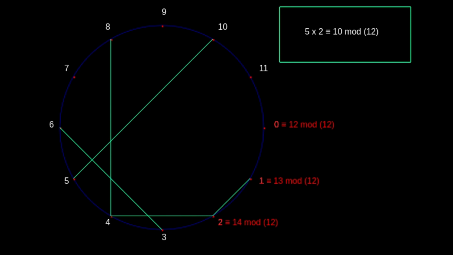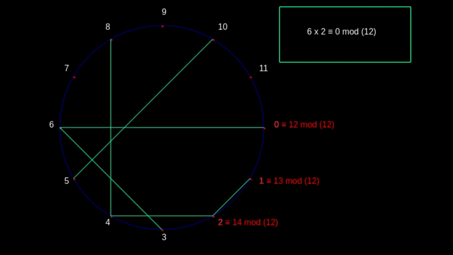However, the next case is the first interesting case. 6 times 2 is going to be equal to 12. But as we mentioned earlier, 12 is the same as 0. So we will connect 6 and 0.